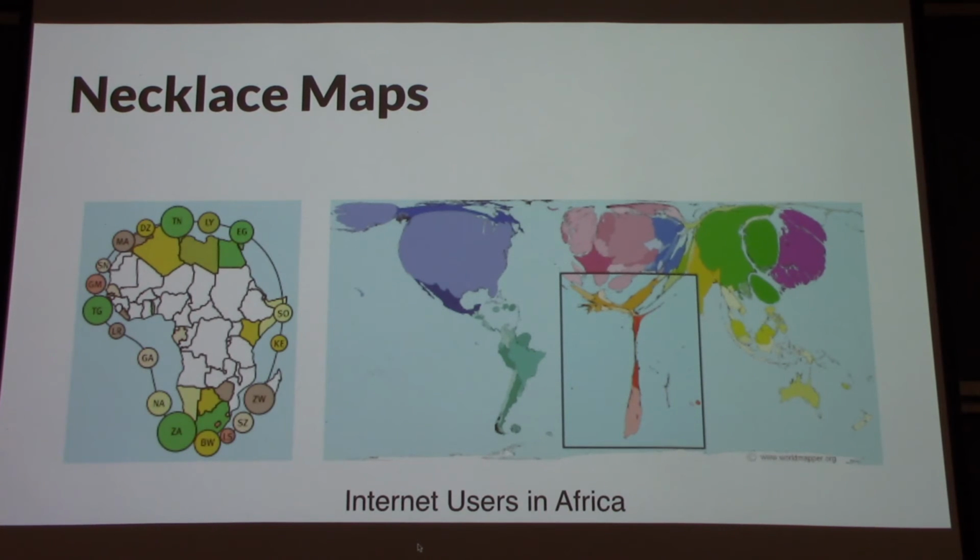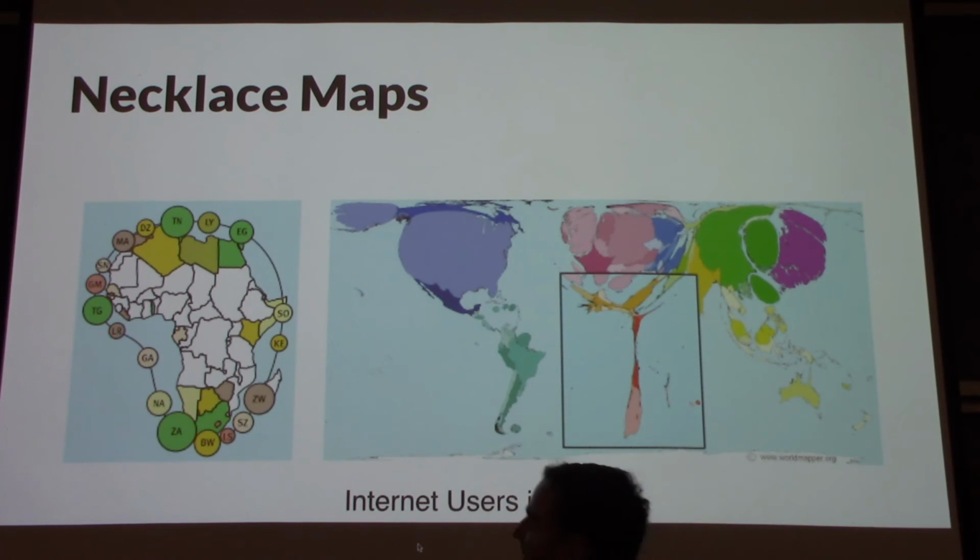Another technique to show this, instead of using these cartograms, is these necklace maps, and they are kind of a compromise between preserving the area and working things out, like what is the internet usage in Africa. That's really hard to see in this particular plot, but what they do is visualize the data by the size of the circles, and they place the circles on what they call a necklace and move them as close to the specific country as possible.